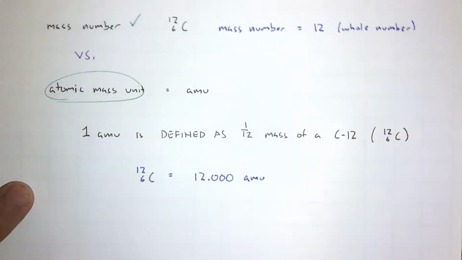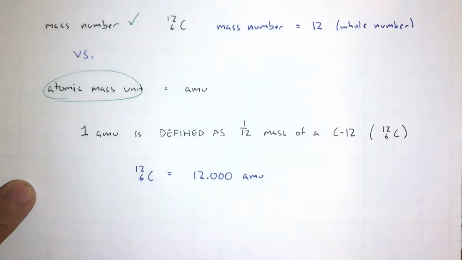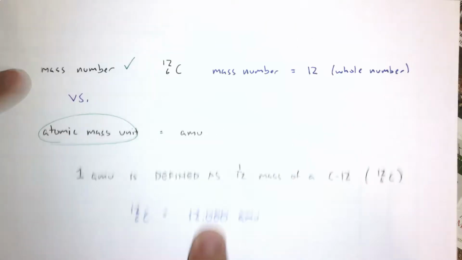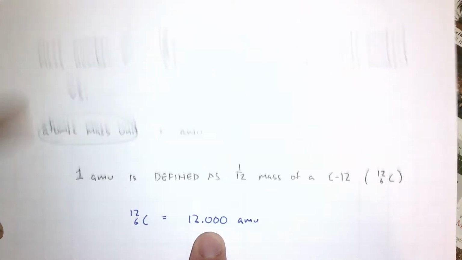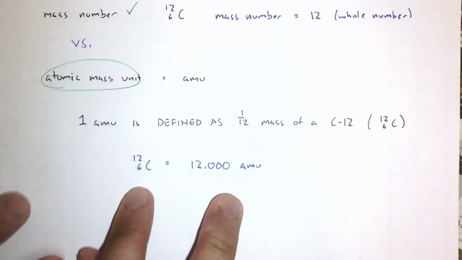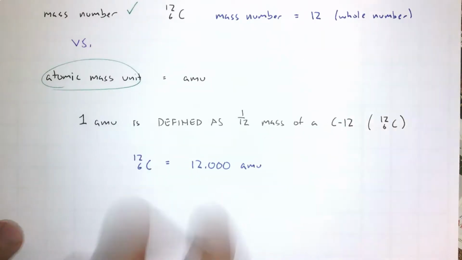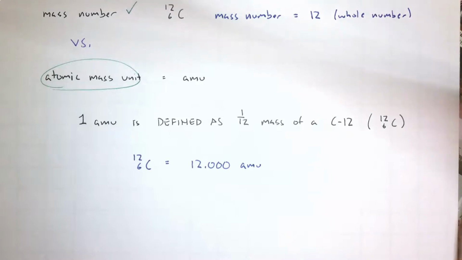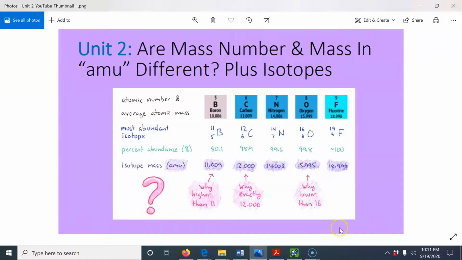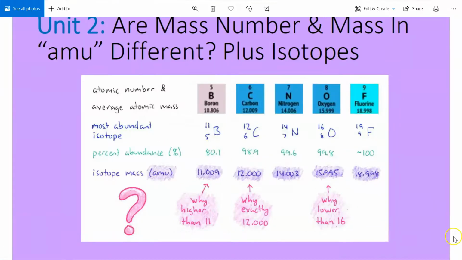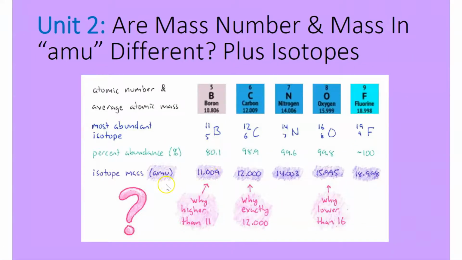Now, I know it looks kind of redundant. Well, isn't that just the same as the mass number? Isn't the AMU mass the same as mass number? Only for carbon is that true. Because if you look at the cover slide real quick, you notice that for the other isotopes, the AMU does not exactly equal the mass number, right?